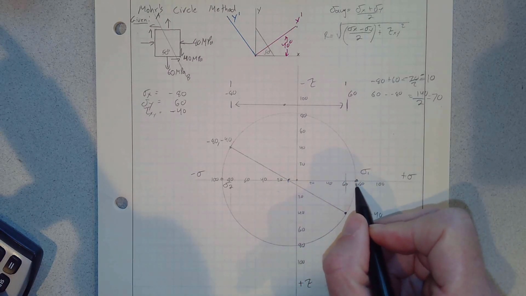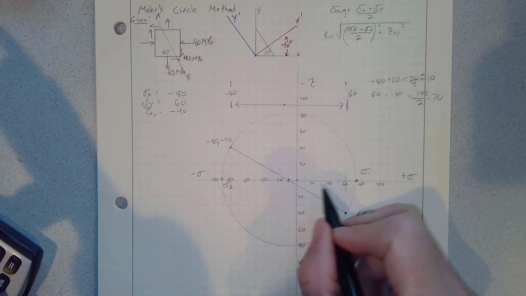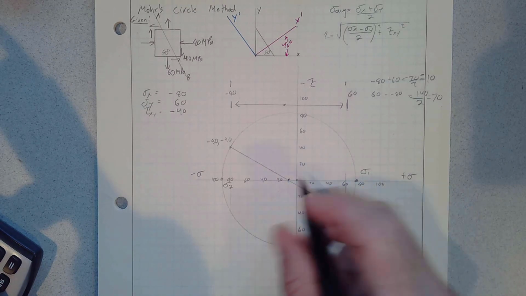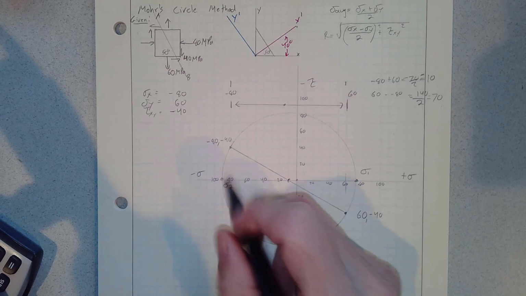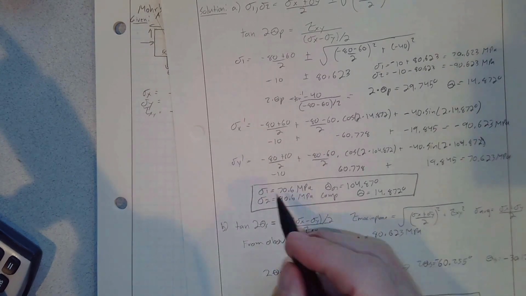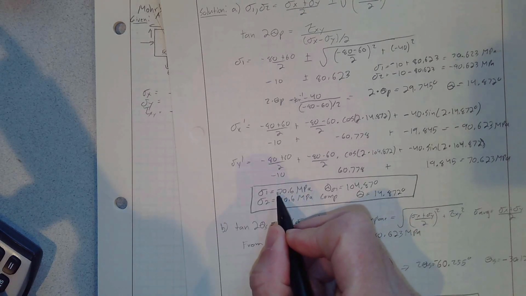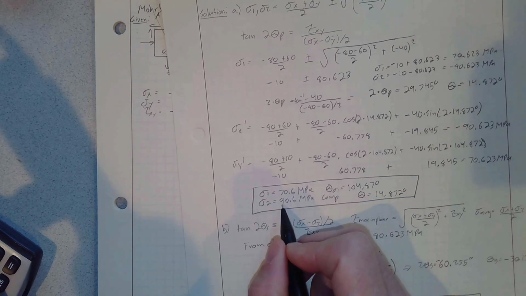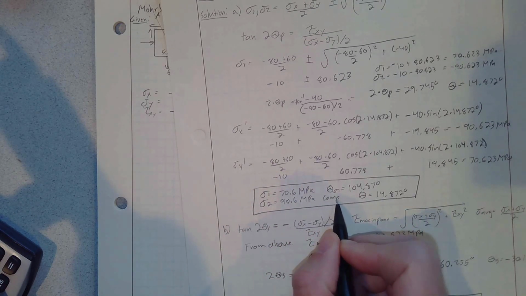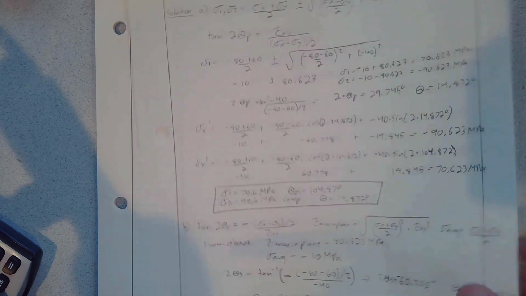So sigma 1, we can see here, looks like just graphically is going to be about 70 megapascals. Sigma 2 is about negative 90 megapascals. And again, if we come back to where we used our equations, that looks like what we had here, right? 70 megapascals of tension for sigma 1, 90 megapascals of compression for sigma 2.